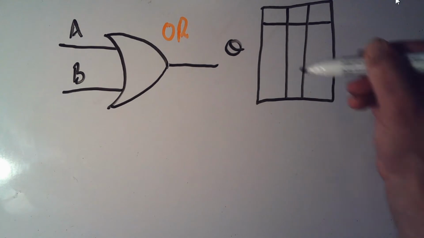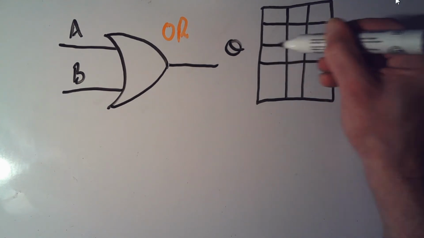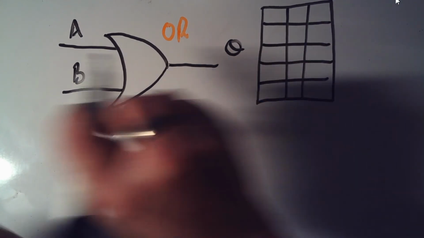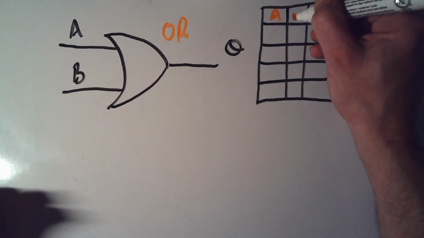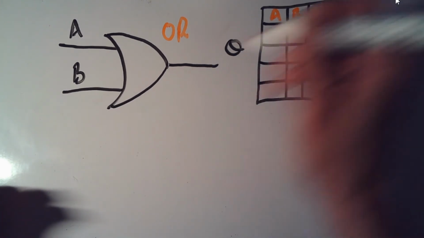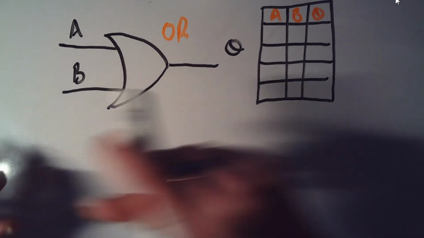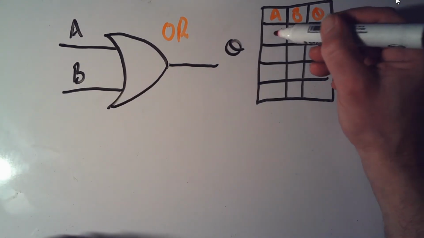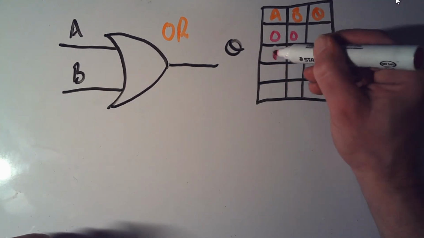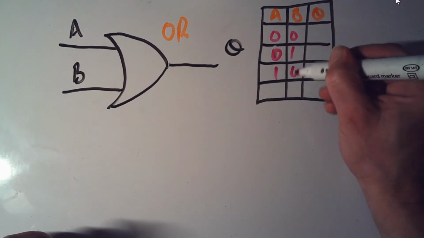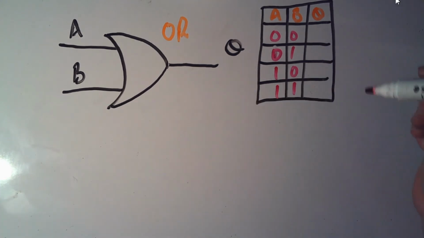Let's divide this into 3, and let's divvy up the rest of the table into 4. Let's put our inputs A, B and Q at the top. Let's do our counting up. So we have 0, 0, 0, 1, 1, 0, 1, 1, and we said with an OR gate that we always get 1 on the output unless we have nothing at all on the inputs.